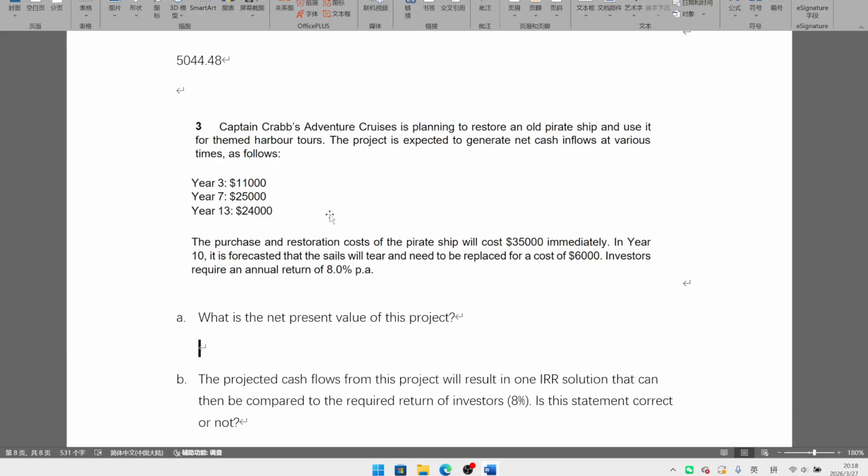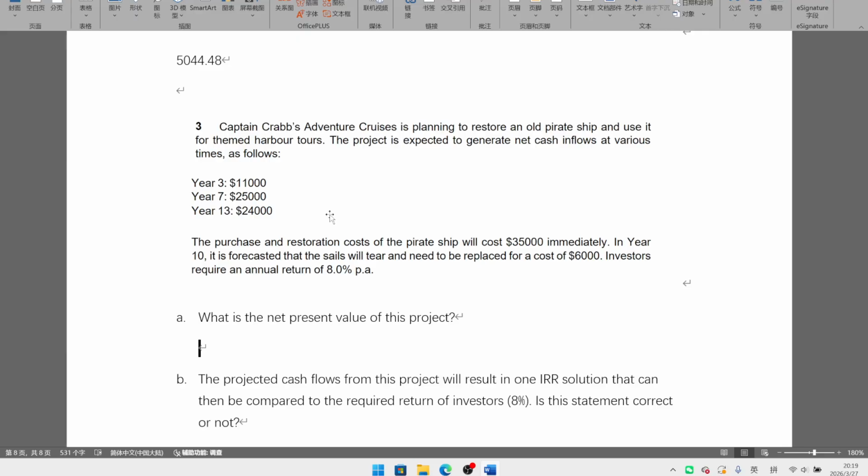Compute the PV. What's wrong with that? I don't know why. N is 7, I is 8, future value is 25,000. Compute the PV. It still shows 8,000.